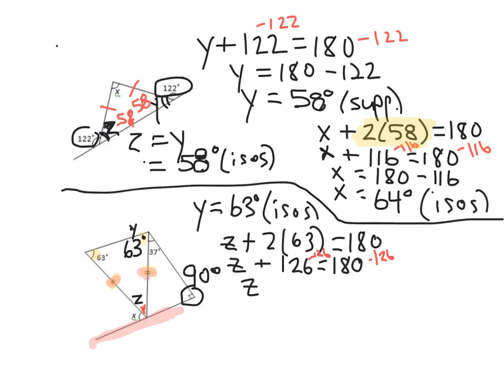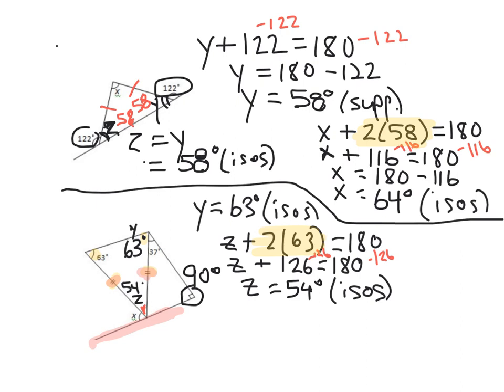You guys know I'm using my calculator. I'm not going to hide it. And that equals 54 degrees. And remember, I know this because of this 2 times thing, so that tells me that I'm dealing with an isos relationship. So this is 54. Because remember I told you I tend to do these as I go along, like I fill them in.